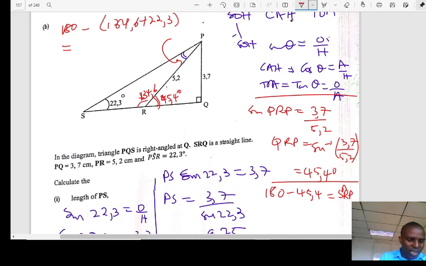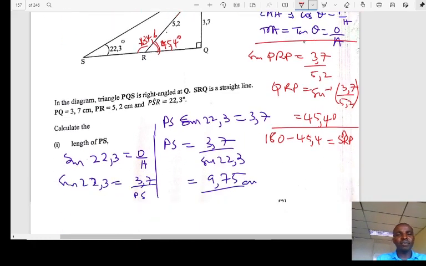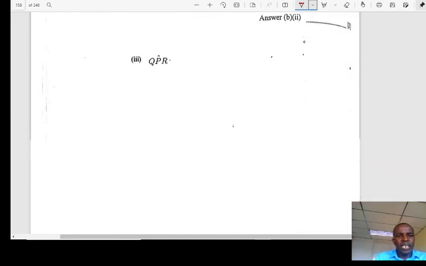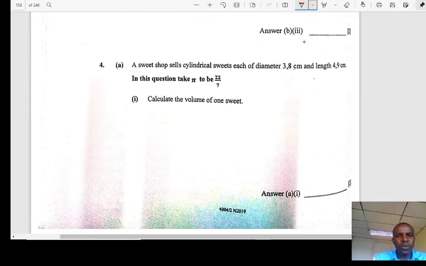So 134.6 plus 22.3, then from 180, what do you get? You get 23.1. So the angle is 23.1 degrees. Then you are done with this part. So we are done with that question.